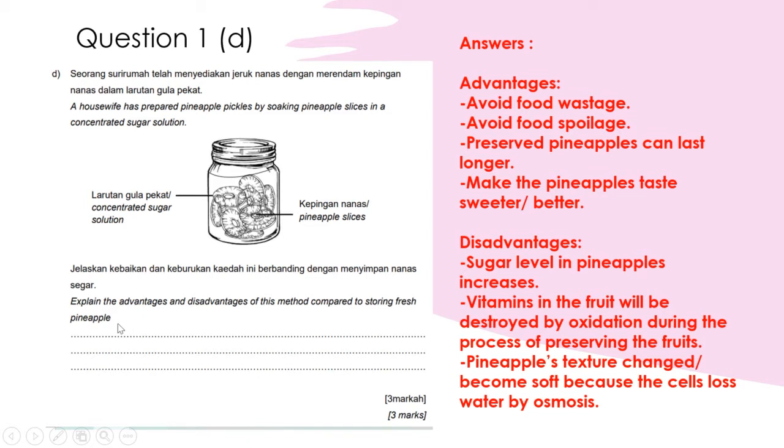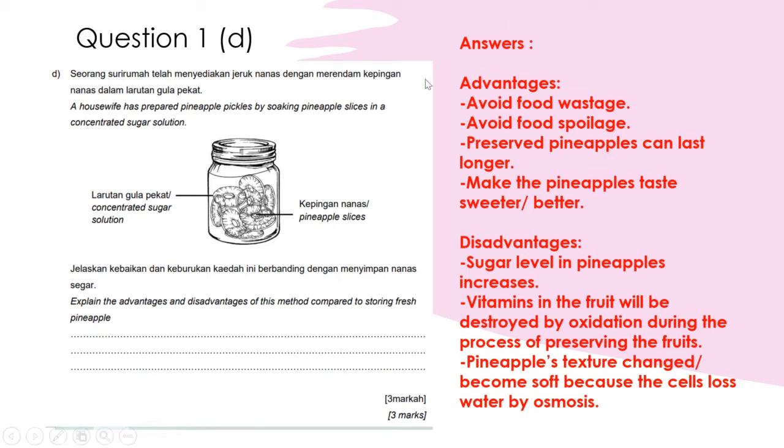Let's go to the answer. Before that, you have to refer to the marks allocated here. You have to explain the advantages and disadvantages. Usually you can put 2 advantages and 2 disadvantages, so you will get the full mark.